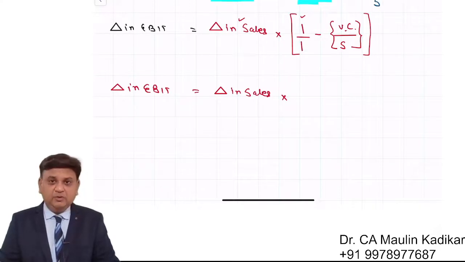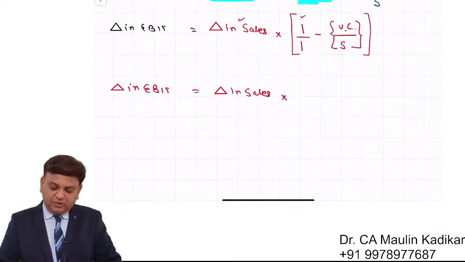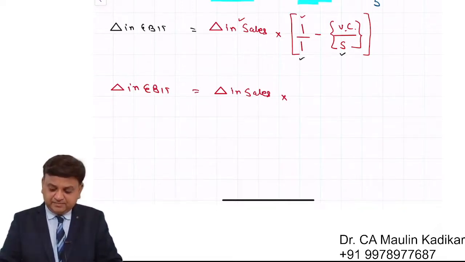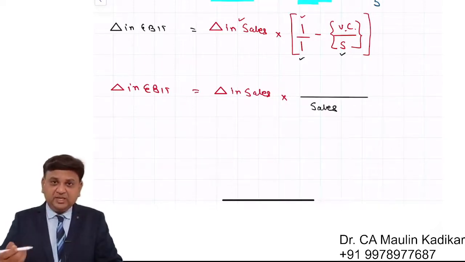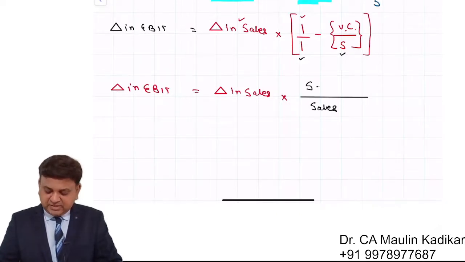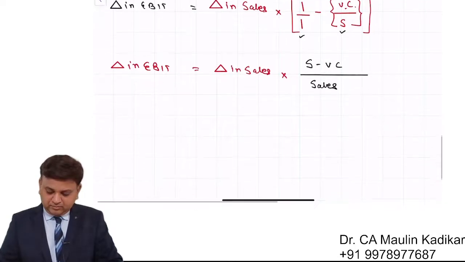So now what we will do, we will take LCM of sales and 1. What is the LCM between both of them? Sales is the LCM. So divided by sales. And the numerator will be sales minus variable cost. Okay.